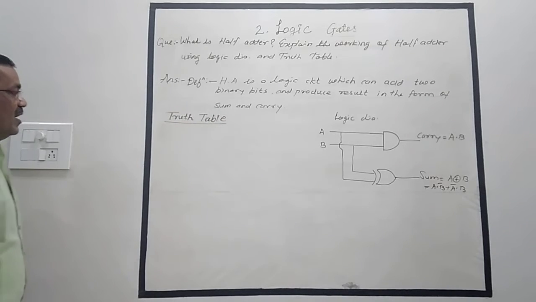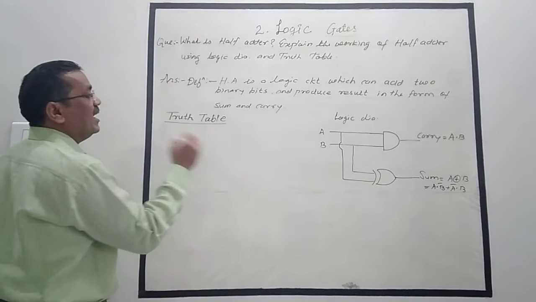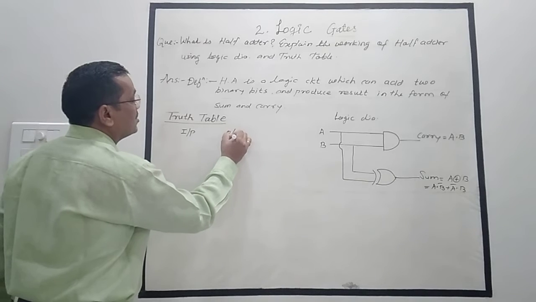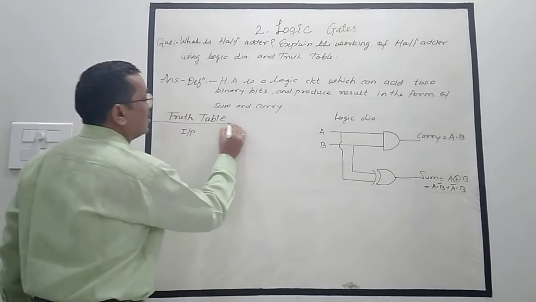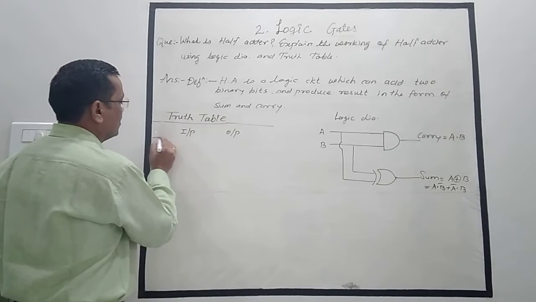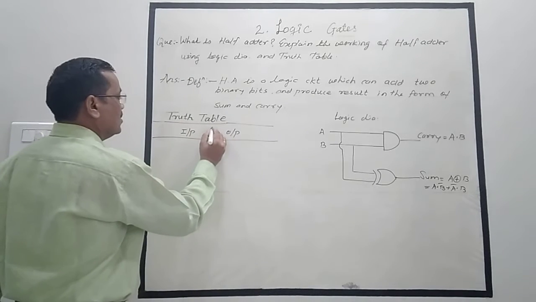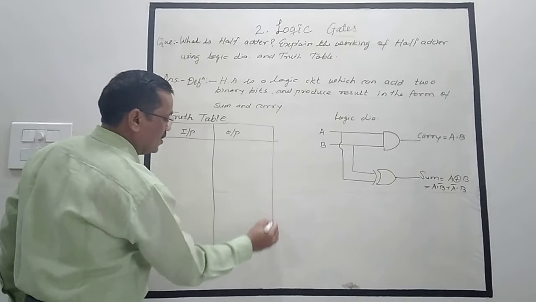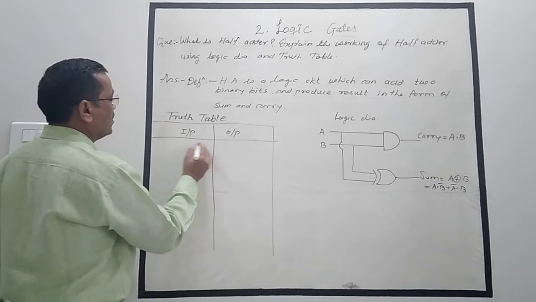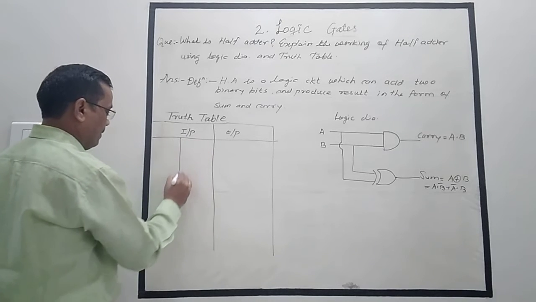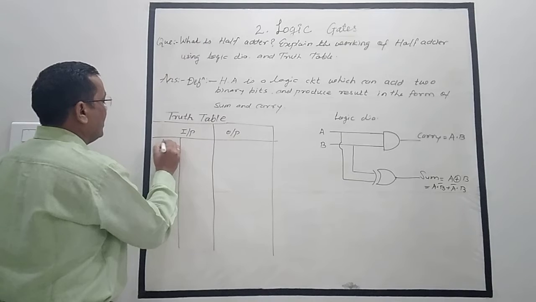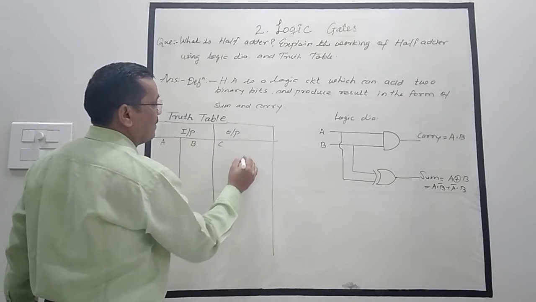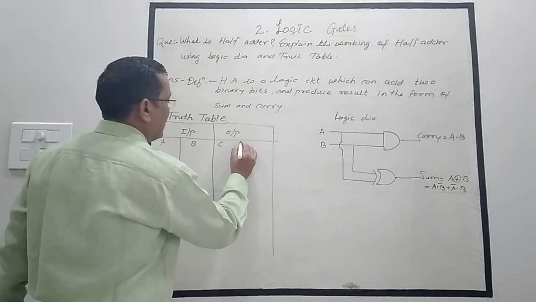In the truth table, there are inputs and outputs: inputs A and B, outputs carry and sum.